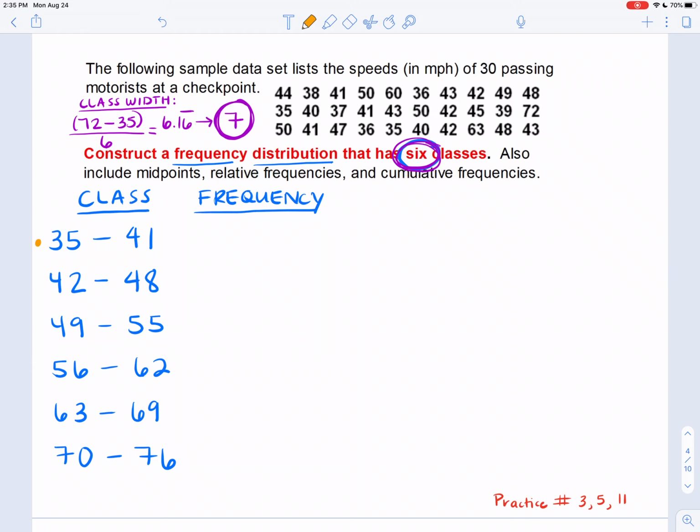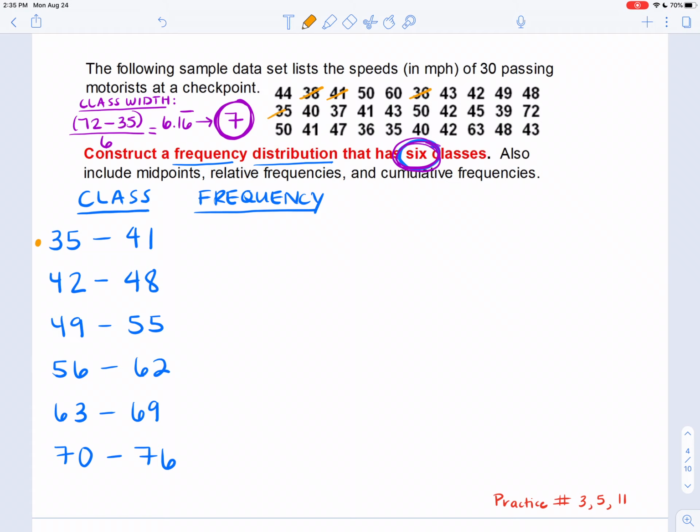So like 44, that's not in the first class. It's too big. But 38 is there. It's between 35 and 41, so there's 1. 41 is in that class too, include the endpoint, so there's 2. 36 would be in there, right? There's 3. And that's everything off the top row. So if I just continue, I've got 3 values now. I'm going to look for any more that are between 35 and 41.